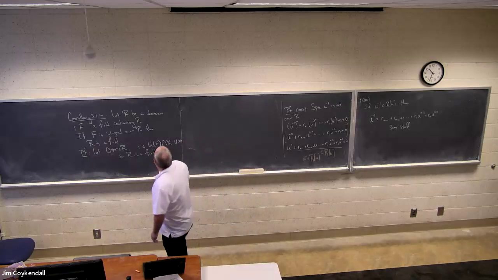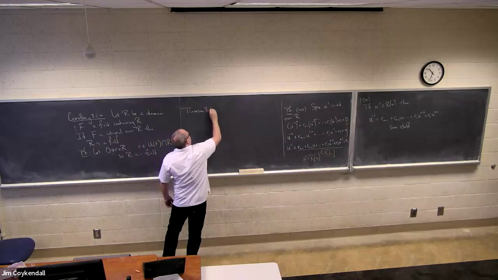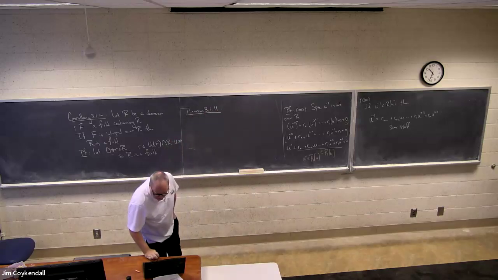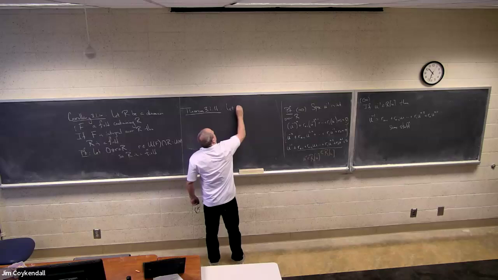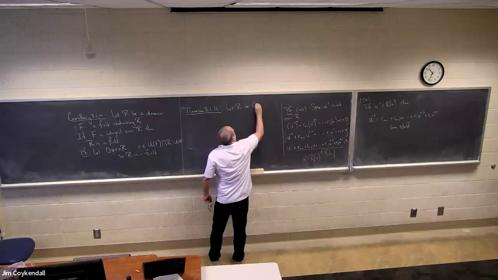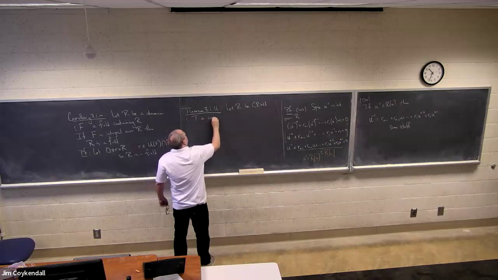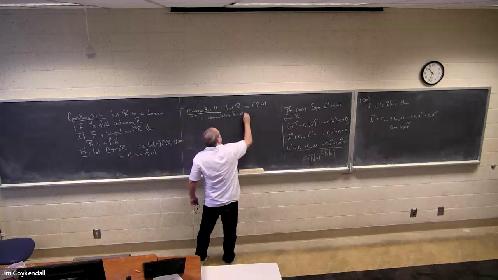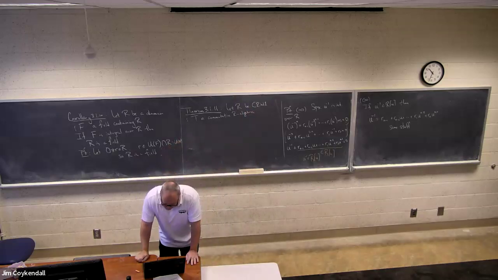So, theorem. This is going to connect up to what I talked about a little bit earlier today. Let R be a commutative ring, and T a commutative R algebra. The following statements are equivalent.